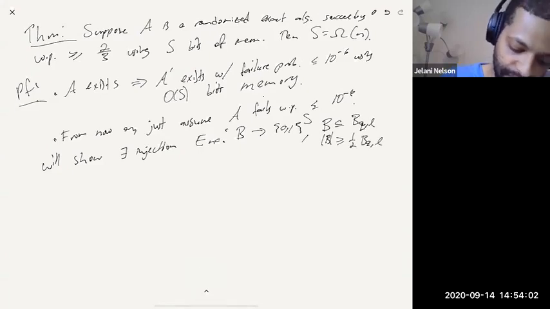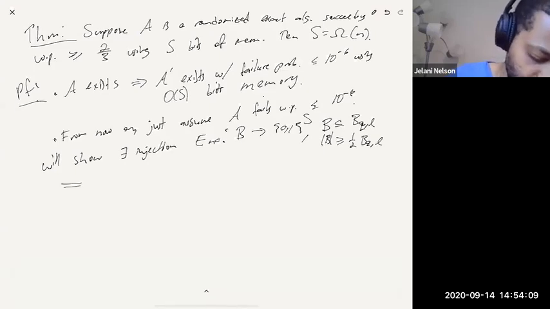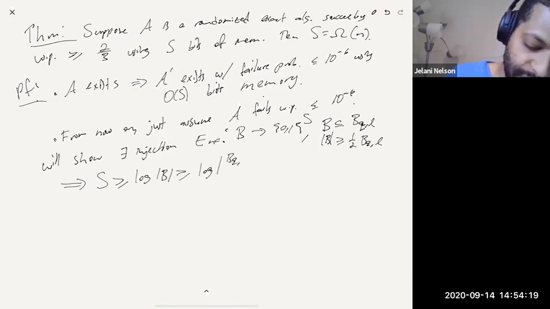So that implies that S is at least log the size of B, which is at least log the size of BQL over 2, which is omega n.